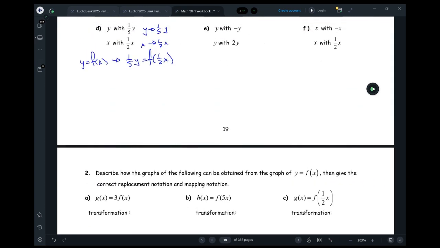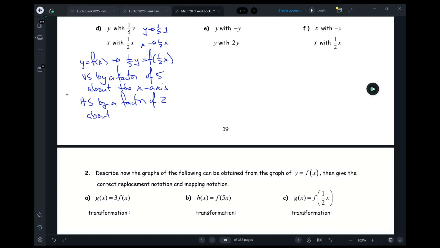I'm just going to shorten this up a little bit to get us through this quicker. This is going to be a vertical stretch by a factor of 5 about the x-axis. And this next one is going to be a horizontal stretch by a factor of 2 about the y-axis.